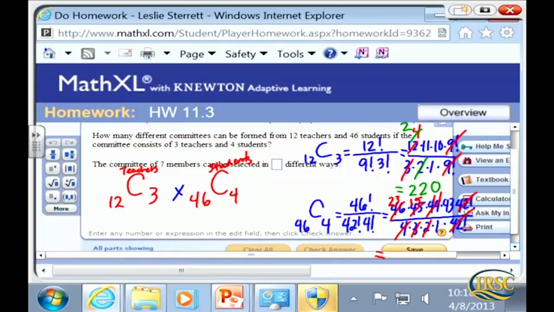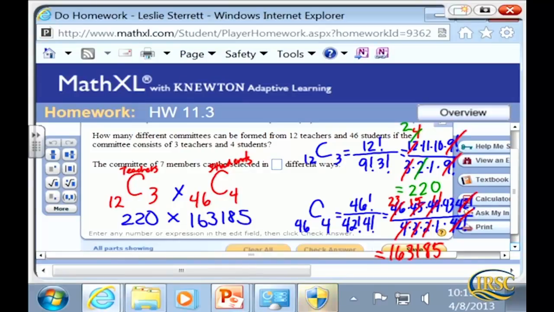What do you get for that answer? Say that a little clearer. 163,185. Okay, everybody get that? 163,185? Yes? Okay, so now putting these numbers back over here, the number of ways we can choose the teachers is 220, and the number of ways that we can choose the students is 163,185.